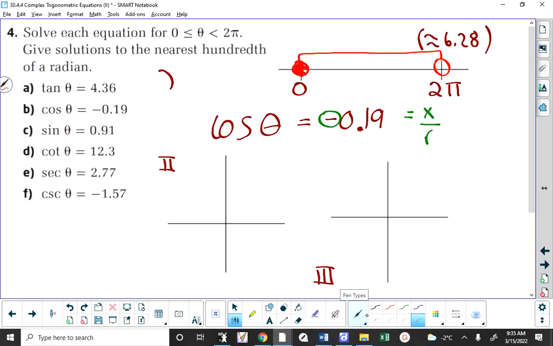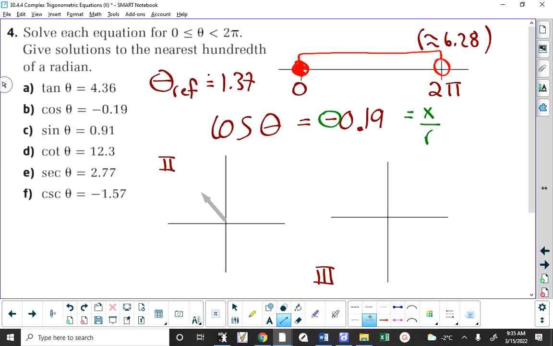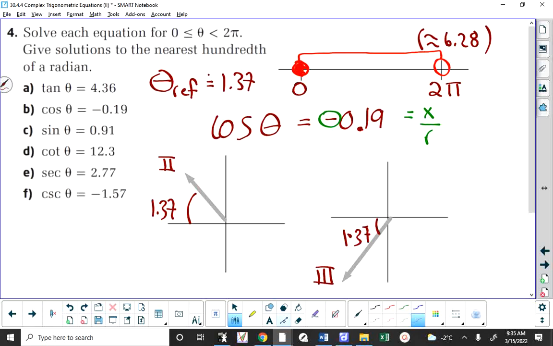So theta reference is about 1.37 rads. I do, but you probably don't know how big of an angle 1.37 rads is. It doesn't matter. You're simply going to sketch a terminal arm in this quadrant, and you're going to put 1.37 rads as the reference angle. You're going to sketch it in this quadrant and put 1.37 rads as the reference angle.